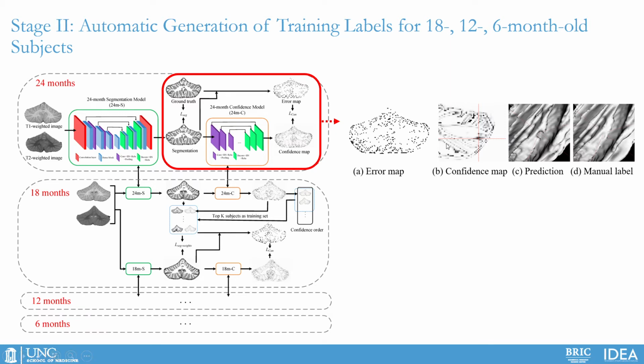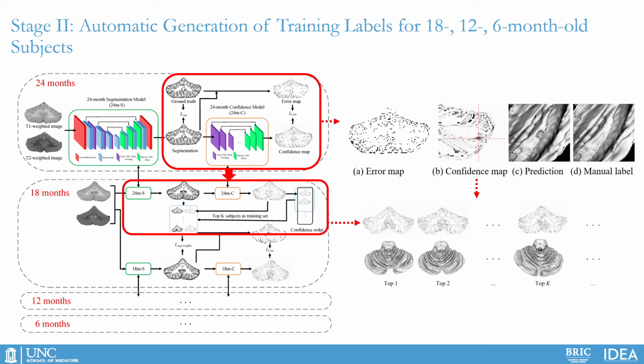The reliability of automatic segmentation can be indicated by the confidence map, as shown in this figure. We can see this region. Then, according to the confidence map, we can order these unlabeled images to choose the top key subjects as the training dataset for other months.